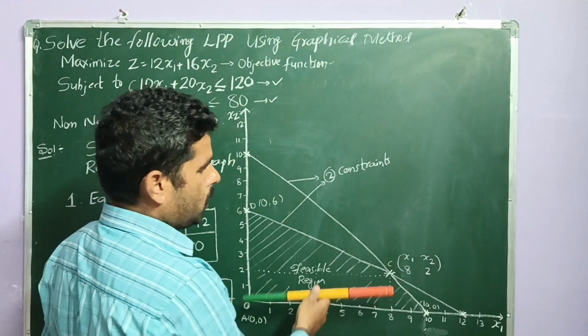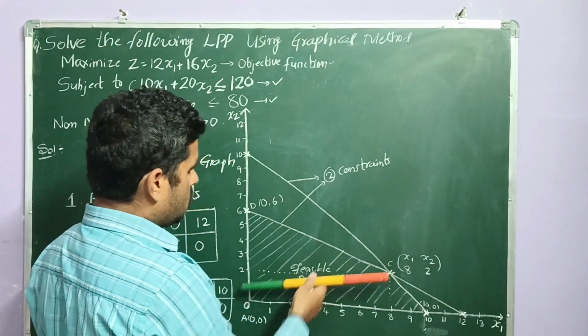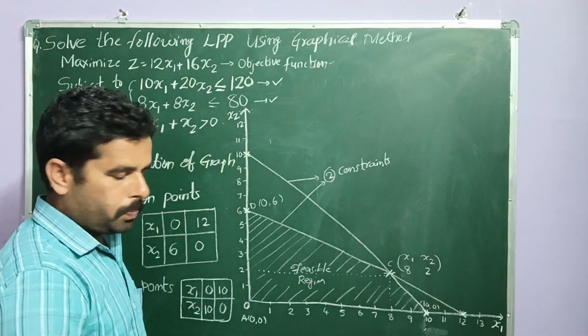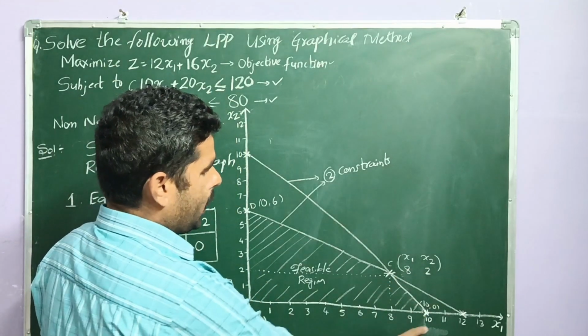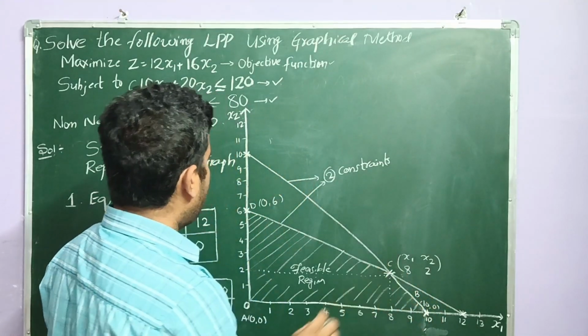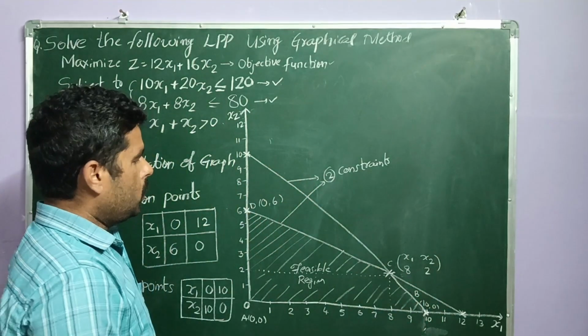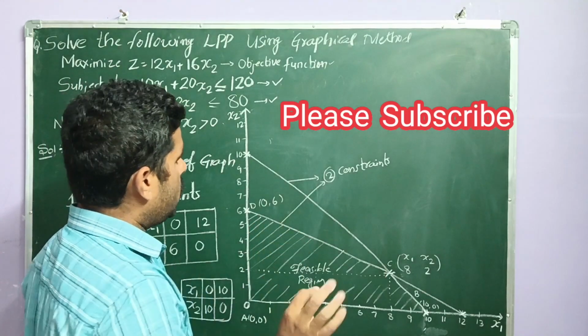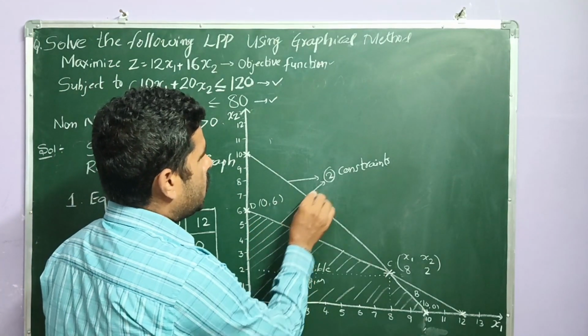Again, observe this side also. See, x2 is here 2. So x1 is 8 and x2 is 2. Okay, this is the B value, this is the C value, and this is the D value. D is here 0, 6.